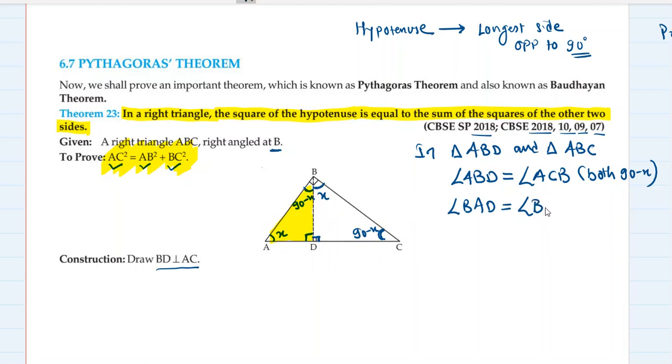So you will write angle BAC, both x. And the last one is angle ADB is equal to angle ABC, both 90 degrees.